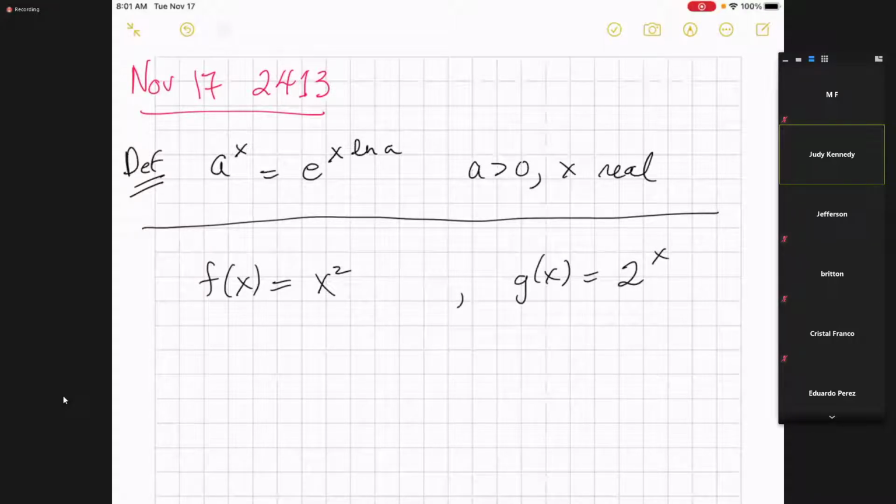But one of the things that I find that students get confused about is why these two functions are so different. We actually compared them on a graph yesterday.